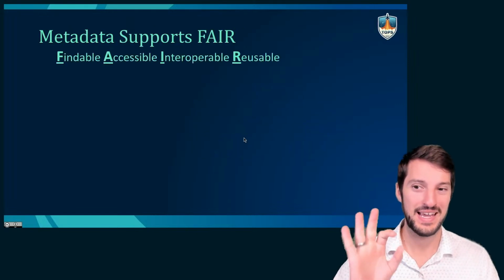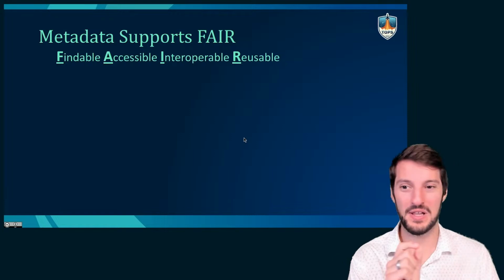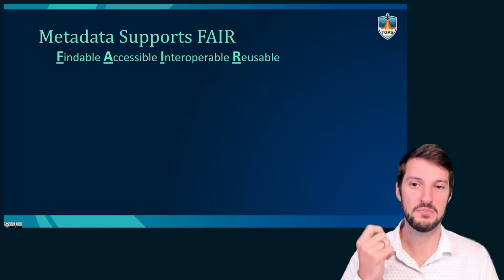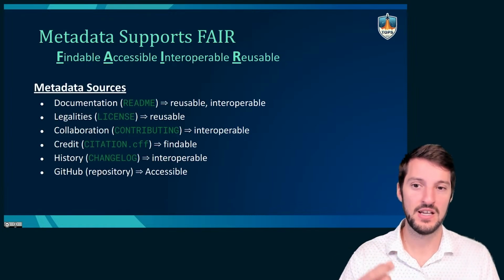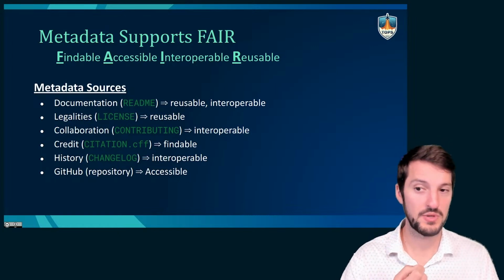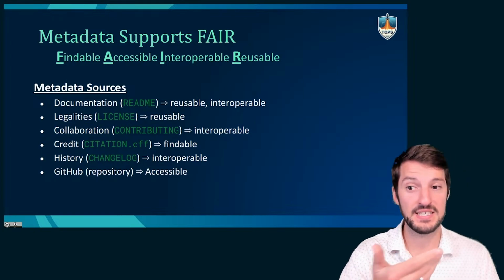Now, remember that our FAIR acronym applies to everything. And in this case, our metadata support FAIR. Our documentation, our README, helps make things more reusable and interoperable. Our legalities, our license file, makes things more reusable. Our contributing file makes things more interoperable. Our citation file makes things more findable.